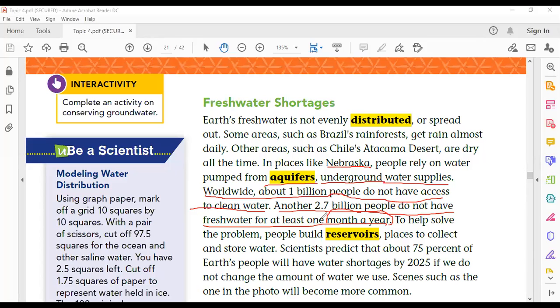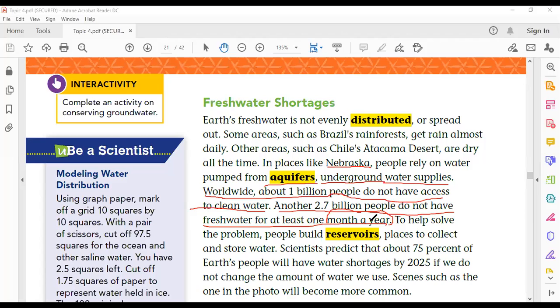Get it? In some countries, people do not have fresh water for at least 1 month a year. That means, for example, every month they have 2 or 3 days without water.